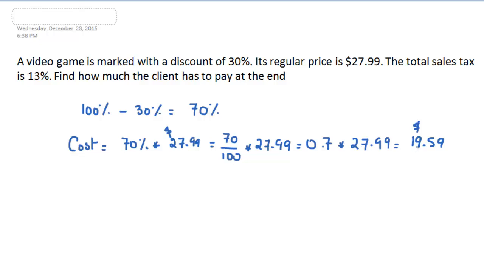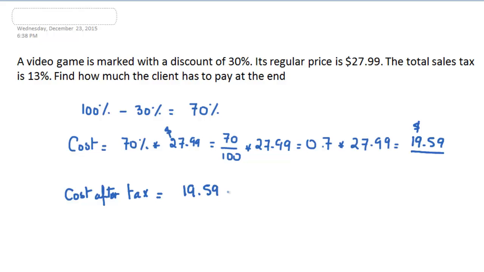Now, the total sales tax is 13%. That means the buyer is not going to pay only $19.59. He has to add to this price the 13%. So in this case, cost after tax equal the 19.59.